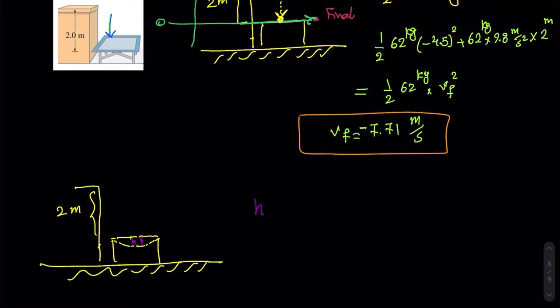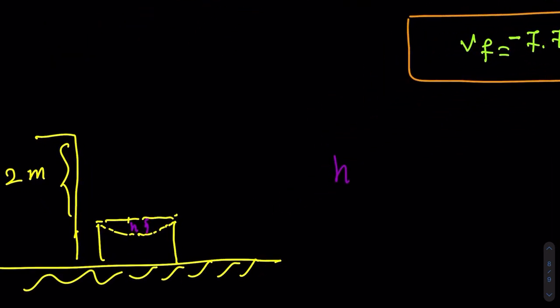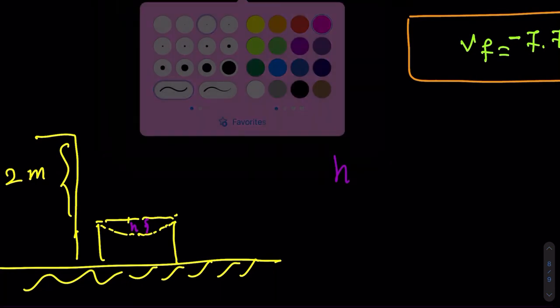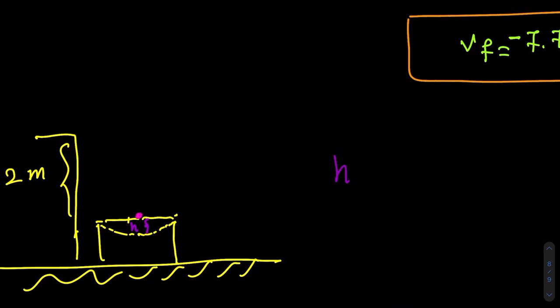We have calculated the energy of this person at this point. So we have two ways actually. We can set the initial position here, and final here, because we already have the kinetic energy at this point.